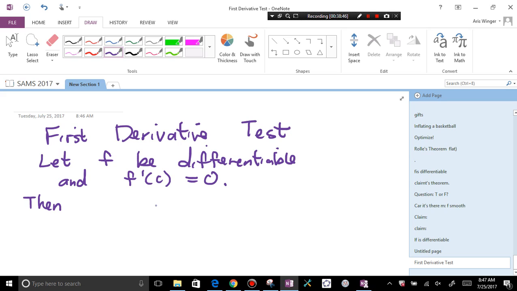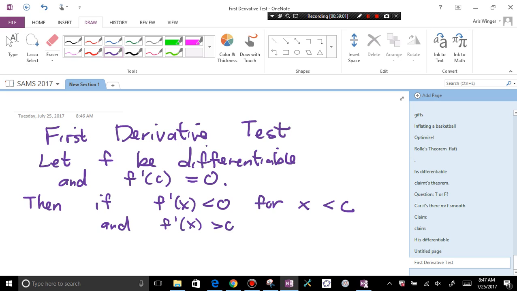Then, if f prime of x is less than 0 for x less than c, and f prime of x is greater than 0 for x greater than c, then f of c is at least a local what? That's a local minimum.